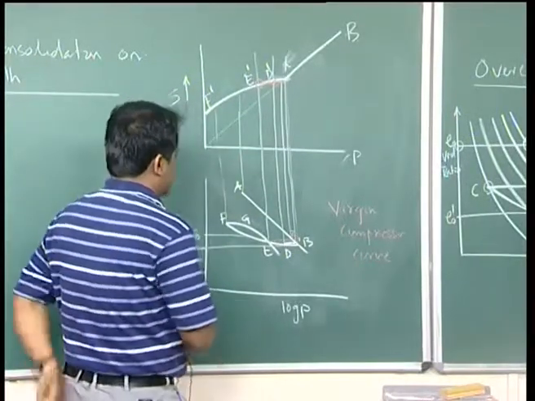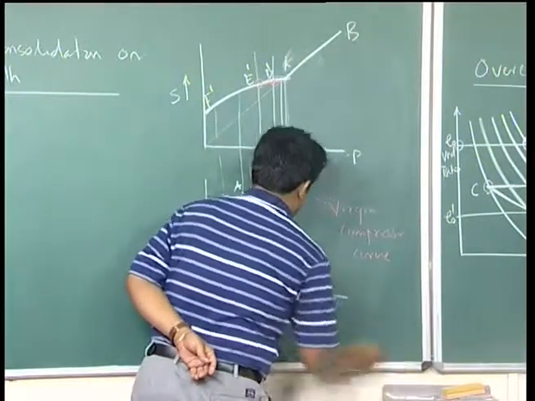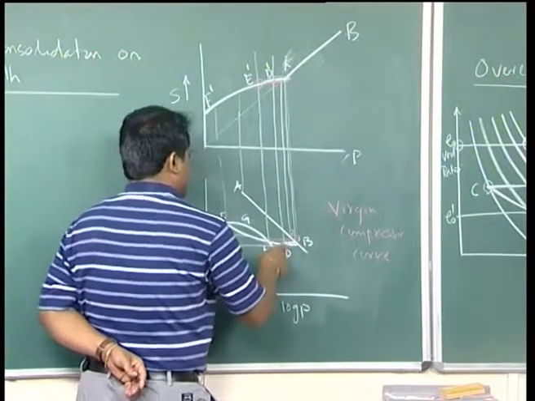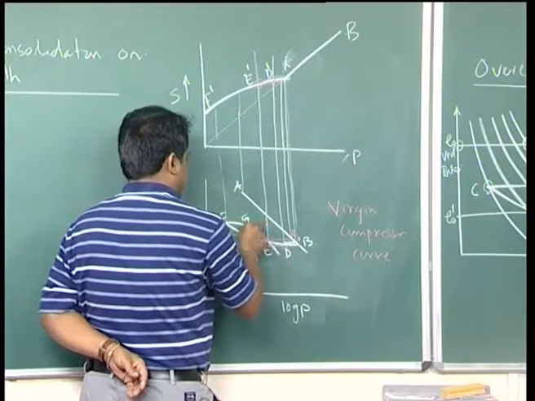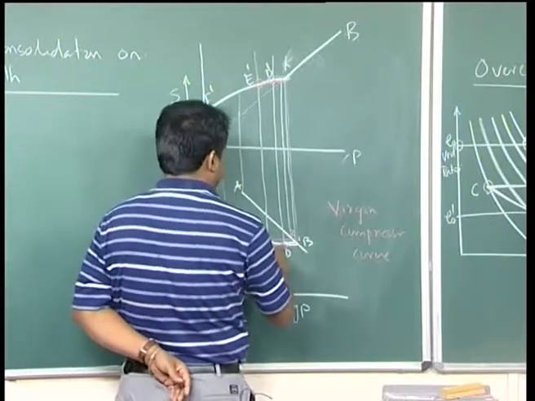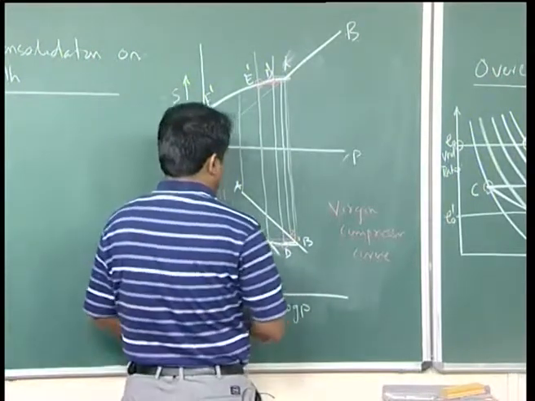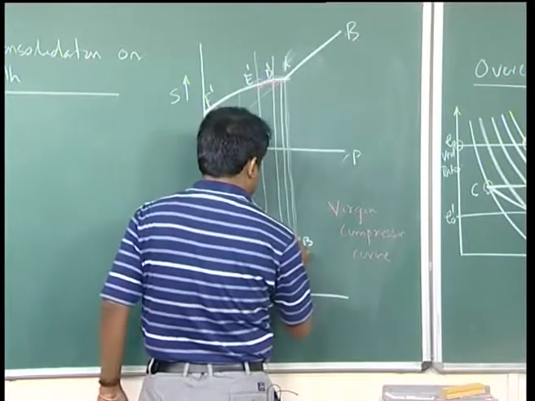Now, choose 2 points, one is D, the other is E. Just for example, I have taken D and E for better understanding. From D and E, draw horizontal lines.